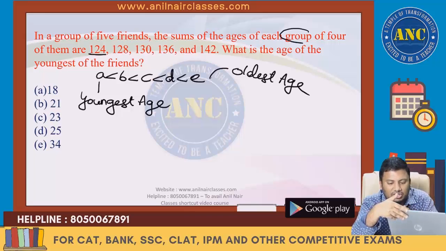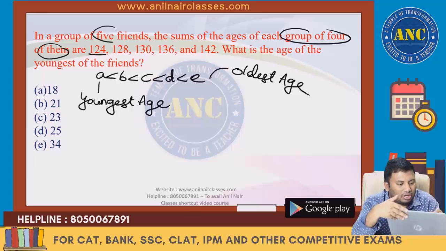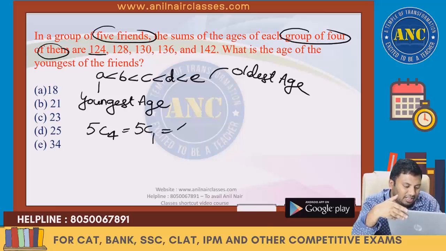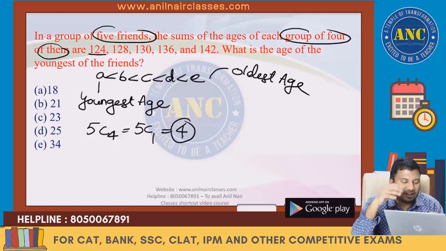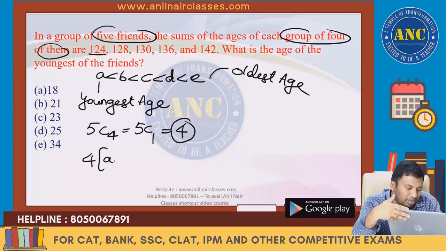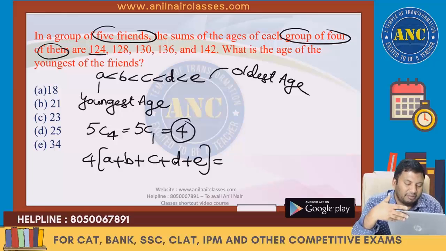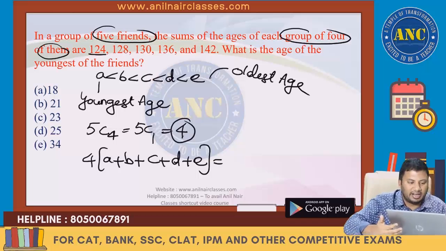There are each group of 4 of them. Total 5 friends are there. Out of 5, if I select 4, 5C1 is nothing but 4 cases I will get. 4 cases means A with B, A with C, A with D, A with E. A is added 4 times, B is added 4 times, C is added 4 times, D is added 4 times, E is added 4 times.